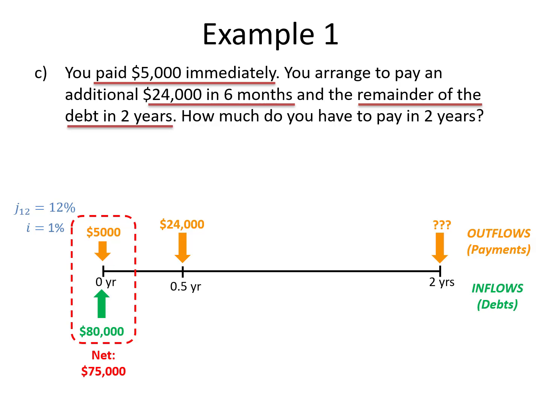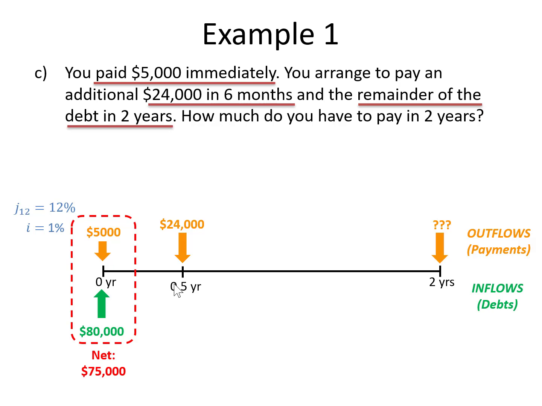So when we have a problem where we have multiple time periods and we're trying to get that equivalent value, that balancing of our outflows to be equal to our inflows, we first draw our timeline. Then we determine what our flows of money are. In this case, we have a debt and payment situation. I'm going to draw all my payments on one side of my timeline and all my debts on the other side. So all of that has already been done.